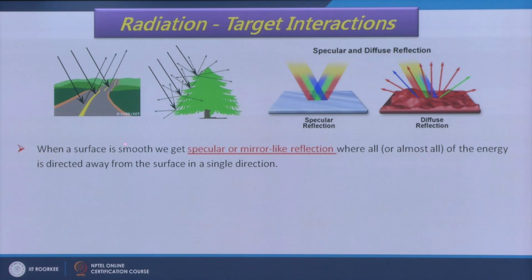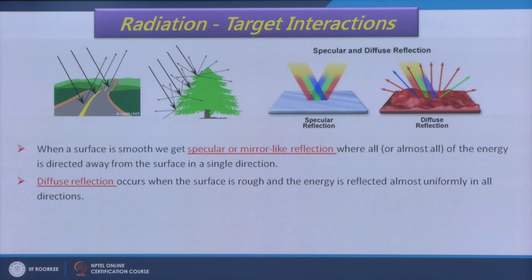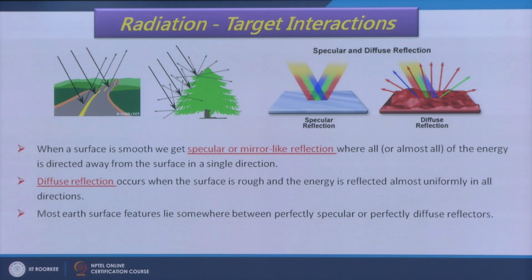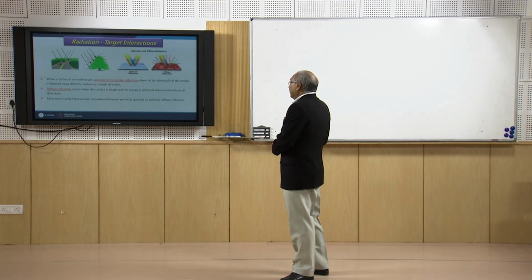When a surface is smooth, we get a specular or mirror-like reflection, where all or almost all of the energy is directed away from the surface in a single direction. Diffuse reflection occurs when the surface is rough and the energy is reflected almost uniformly in all directions. Most of the earth features are neither perfect specular reflectors nor perfect diffuse reflectors.